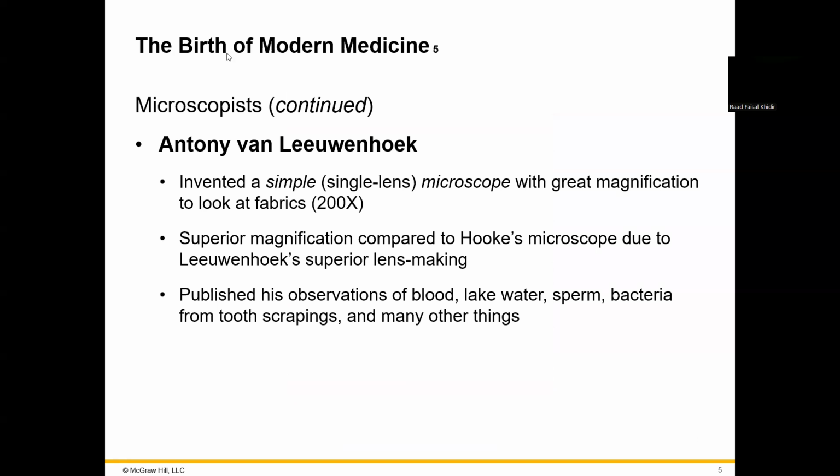Now, Van Leeuwenhoek was the one who understood that you can combine different lenses to magnify exponentially. If you look at the microscope now, it has multiple lenses. The microscope has a lens in which you put your eye.